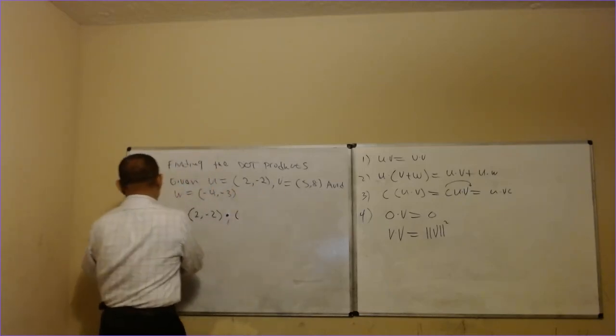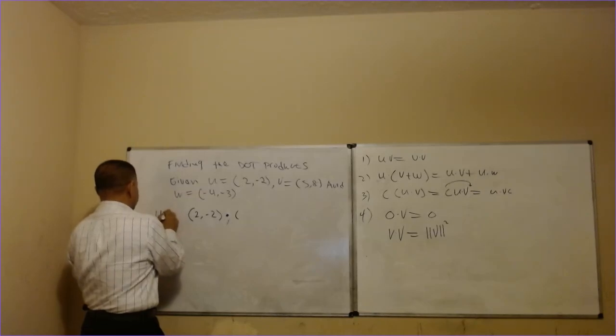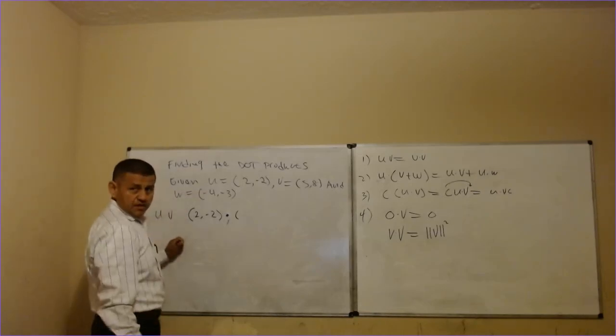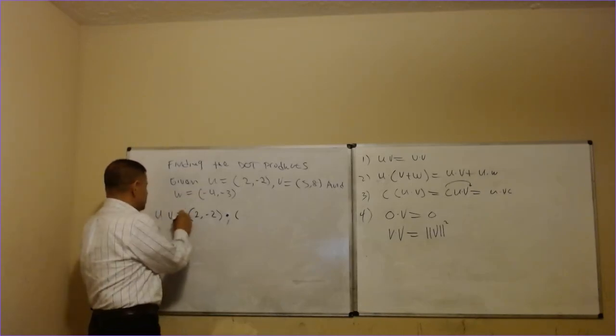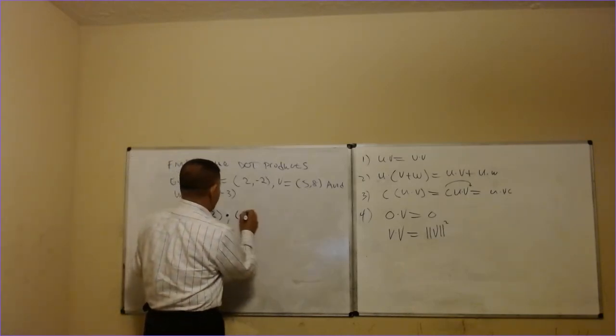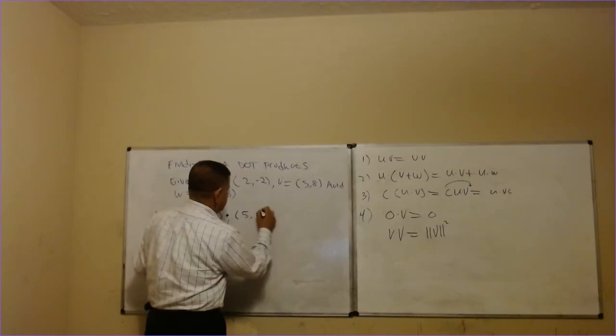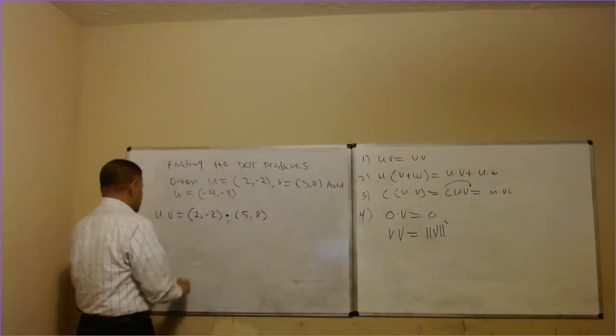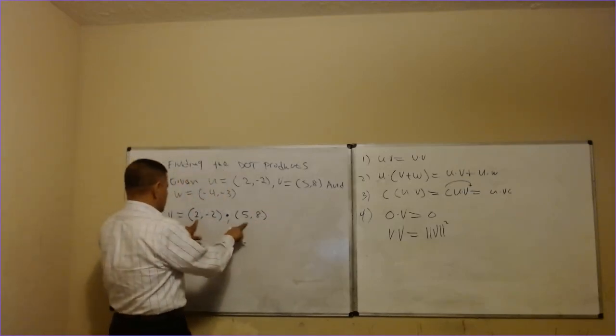We're doing u dot v, so it's going to be equal to some number. So we have 5 comma 8.